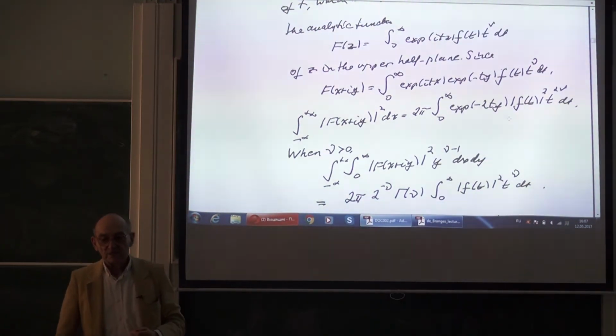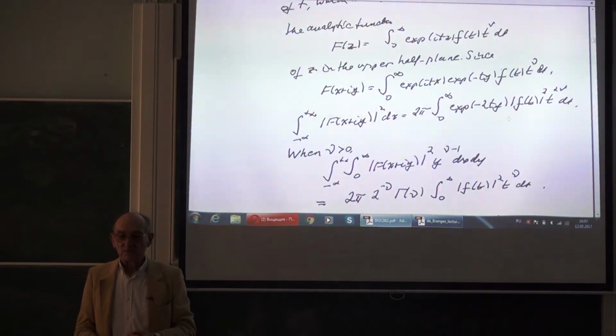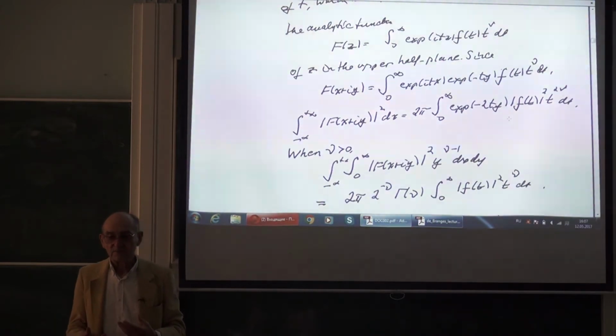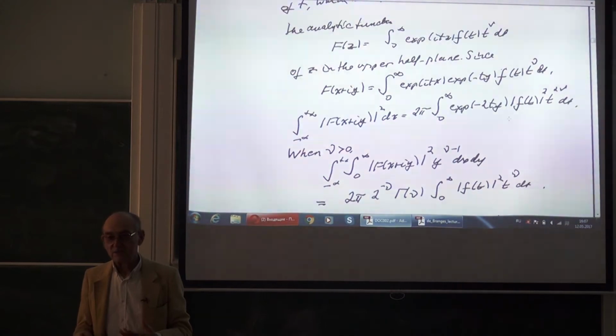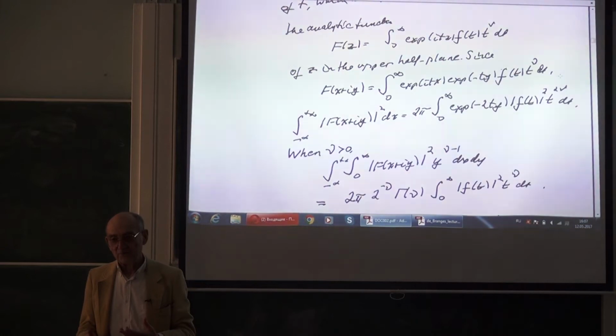Now what's occurring here is a relationship between Fourier analysis and complex analysis. And this is the beginning of a very happy marriage. My specialty is basically complex analysis, and it has been very helpful for me to start with that point of view to understand Fourier analysis.